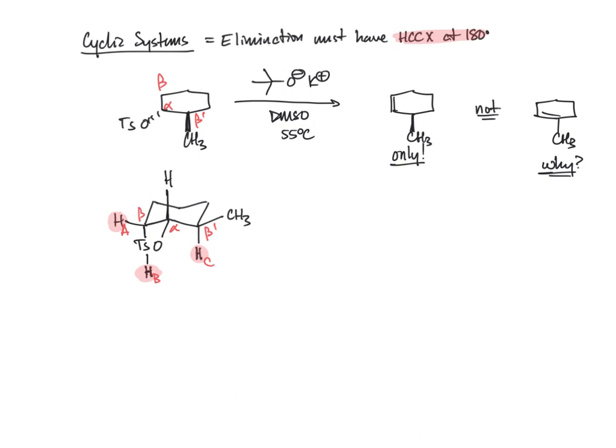So the answer is no, because to get to this scenario in a cyclohexane chair, the H and the C-leaving group must both be axial. So we have to do a chair flip.